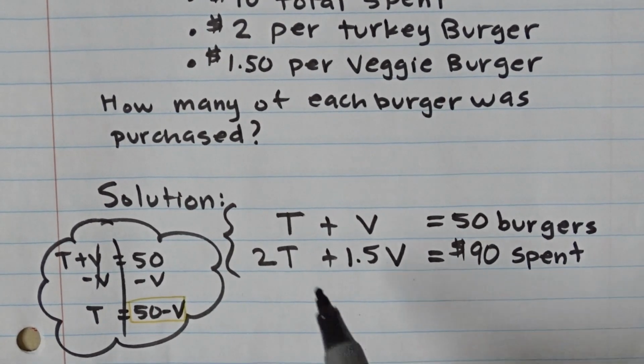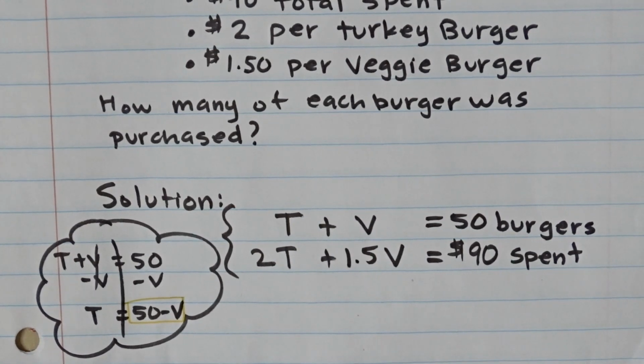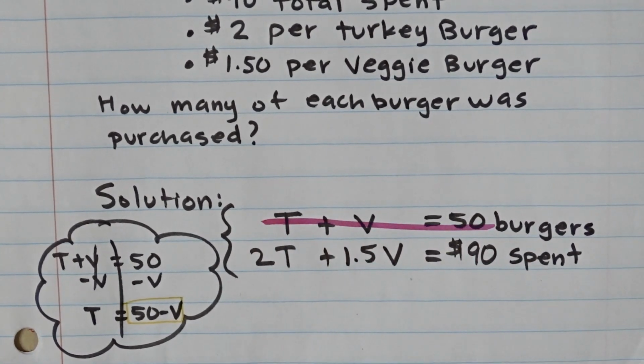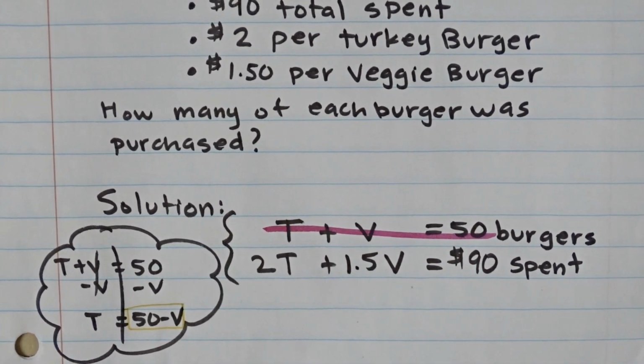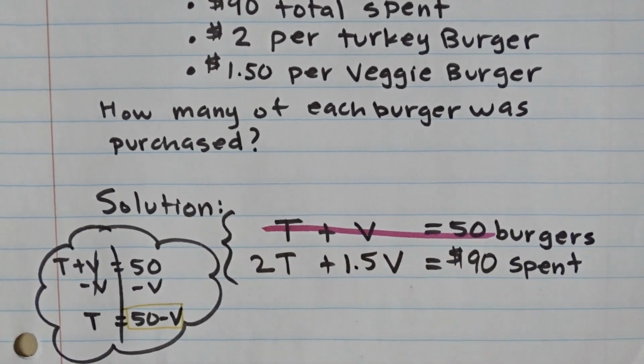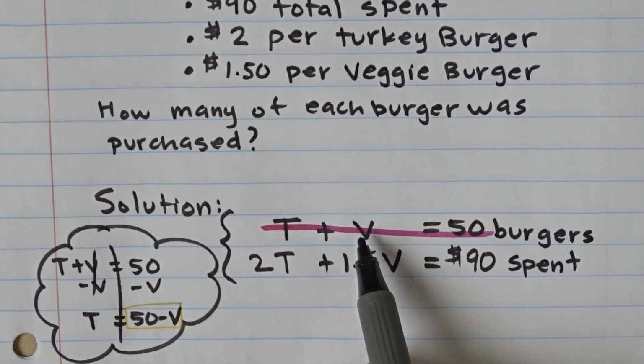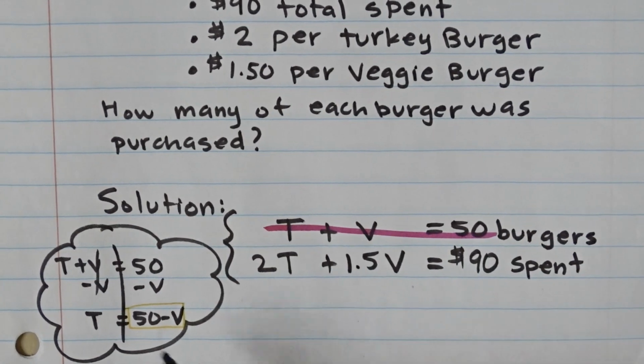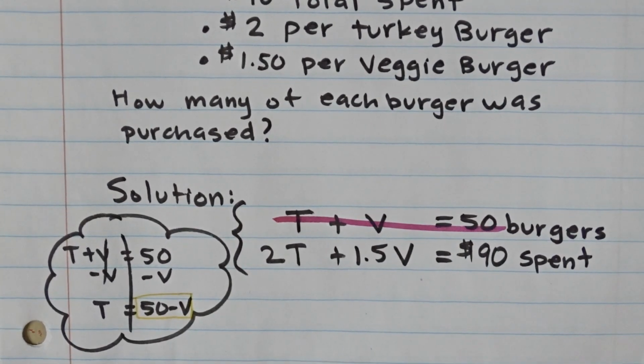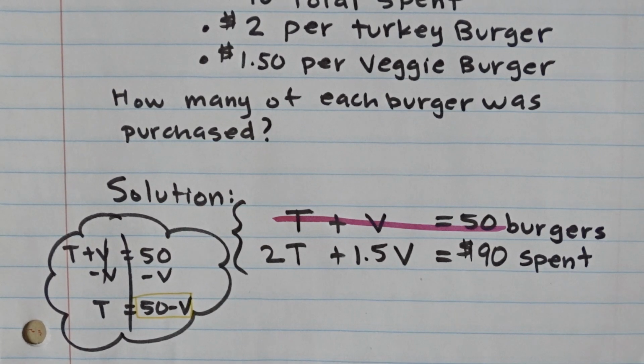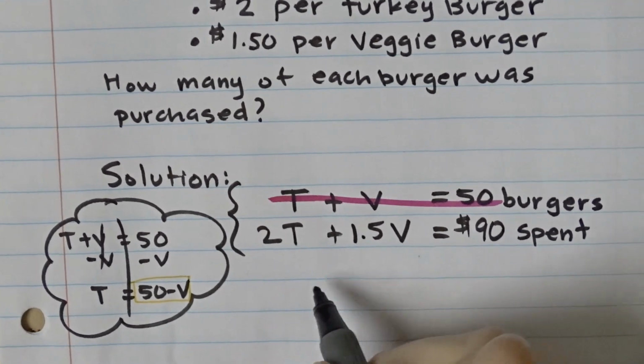Okay? So now I no longer need this equation. I'm going to use this one instead. Okay? I rearranged this equation by taking this V, subtracting it onto the other side. So let's rewrite this system of equations. We don't really have to, but just so that you see.